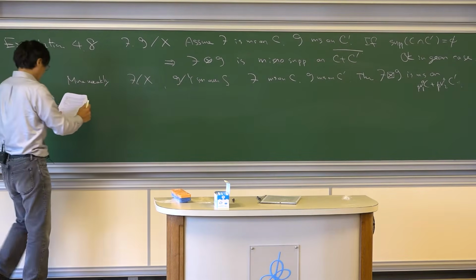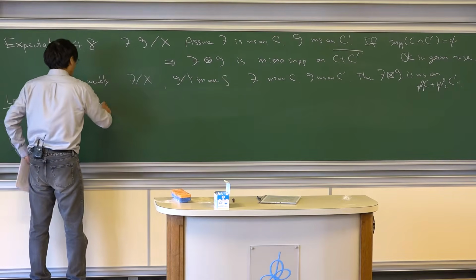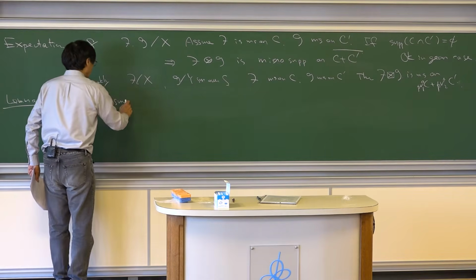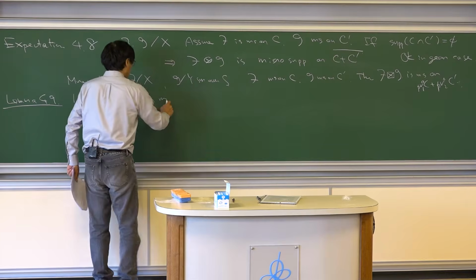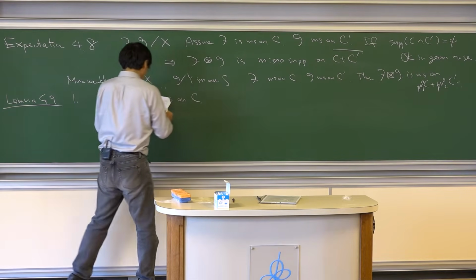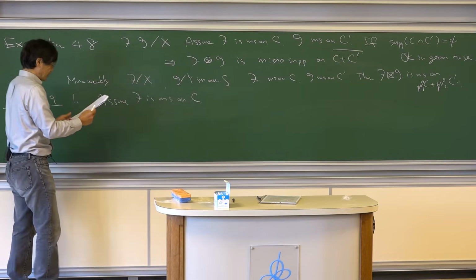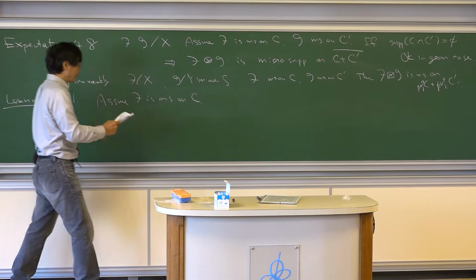So the statement. Assume f is micro-supported on C. So this is an abstract one.